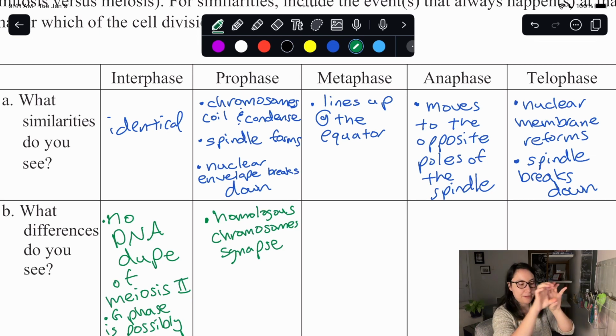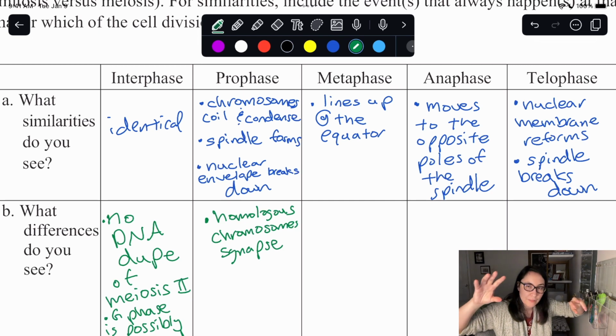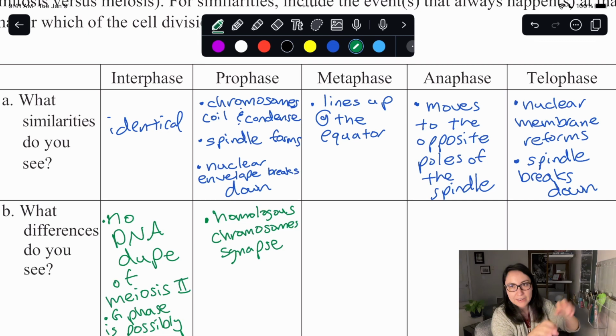As they align side by side and crossing over occurs, a portion of a chromatid from one chromosome is exchanged with a portion of a chromatid from its partner in that tetrad. There's a physical exchange of material, which leads to genetic diversity. That's what that phrase means. Homologous chromosome synapse is where we have the crossing over occurring.